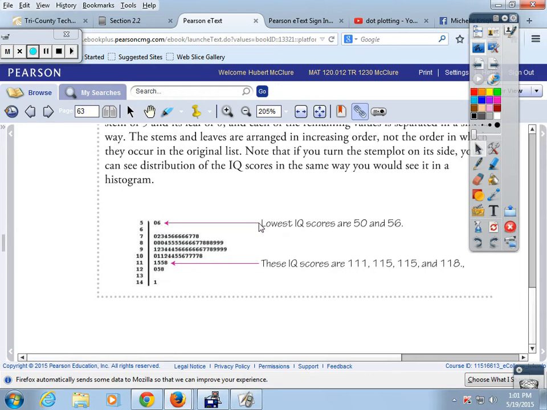How many 60 values? None. How many 70? A lot. 70, 72, 73, 74, 75, 76, 76, 76, 76, 76, 77, 77, and then 70 what? 78. That's how you read it.